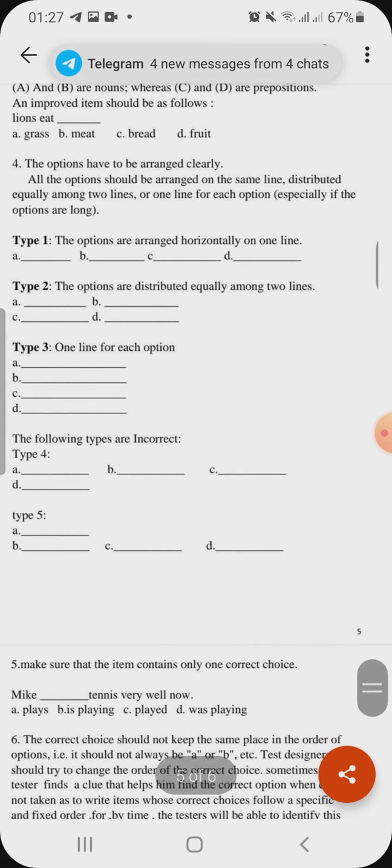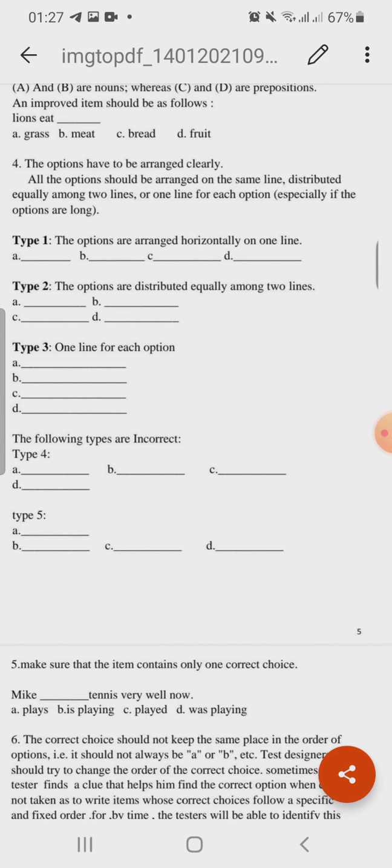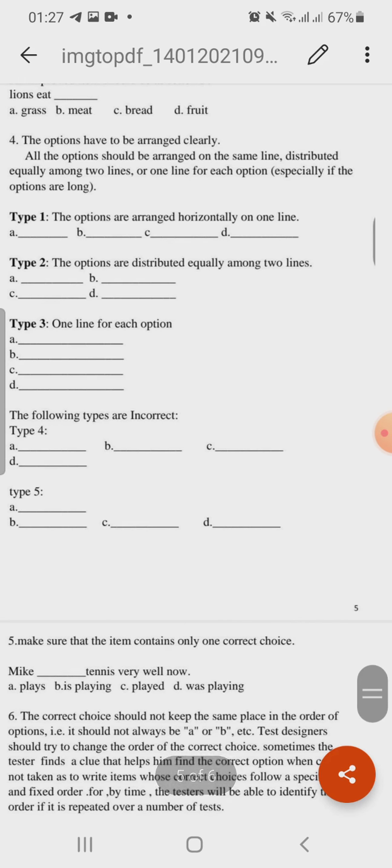Number 4, the options have to be arranged clearly. الخيارات يجب أن تترتب بطريقة واضحة. هناك 3 طرق حتى يتم ترتيب خيارات الاختيار من متعدد بطريقة واضحة للممتحن. All the options should be arranged on the same line, distributed equally among 2 lines, or 1 line for each option, especially if the options are long.